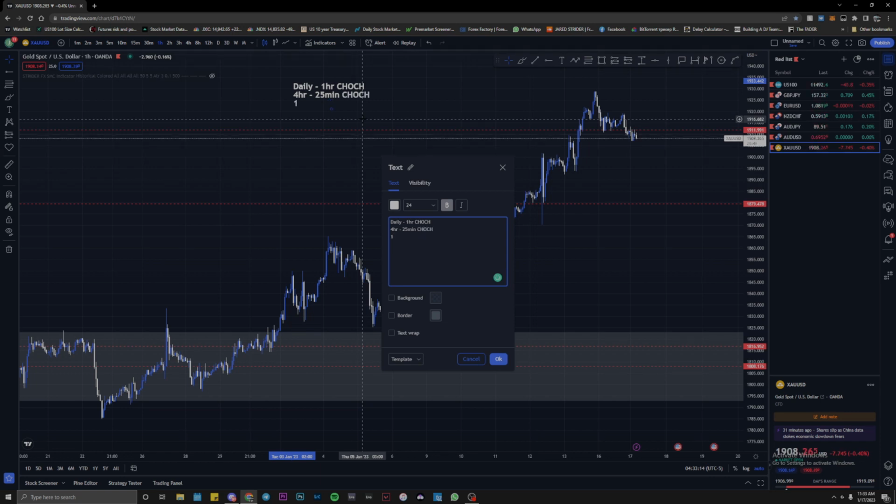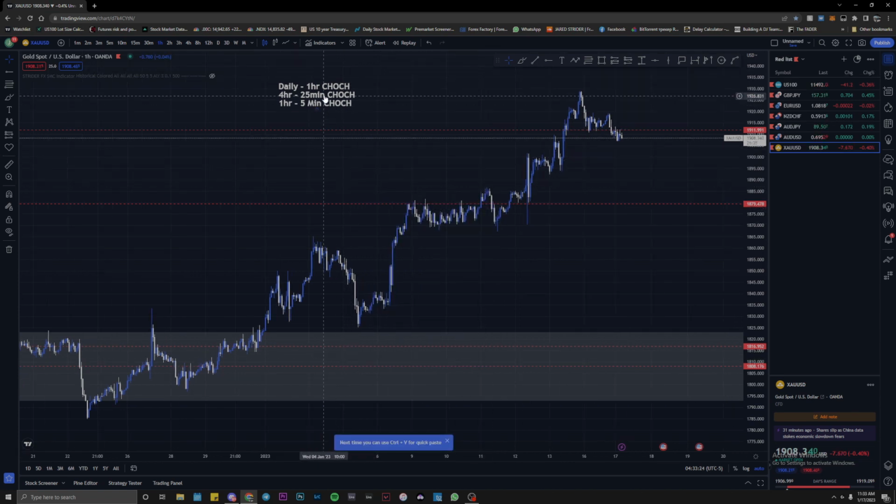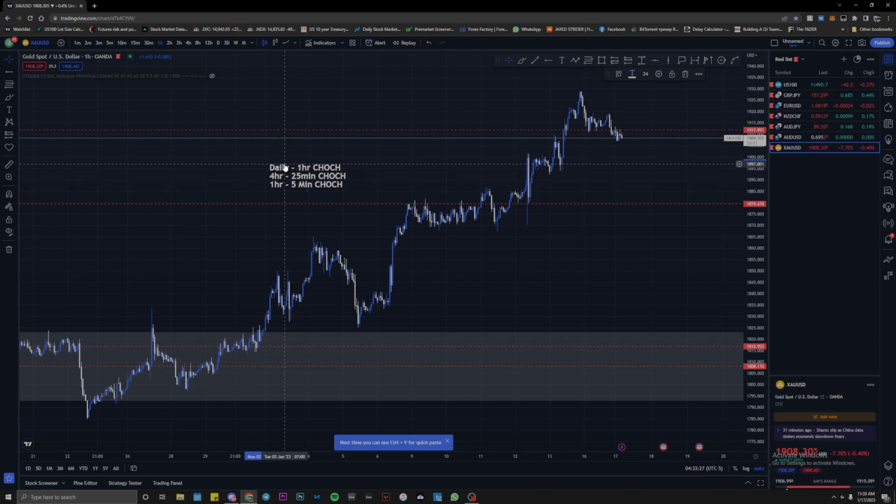The 1 hour, a 5-minute change of character. These are the 3 time frames that I look at for my trading. Daily's more like swing. 4 hours, like you're in for a day or two. 1 hour, you normally in for 1 trading session or 2 days.